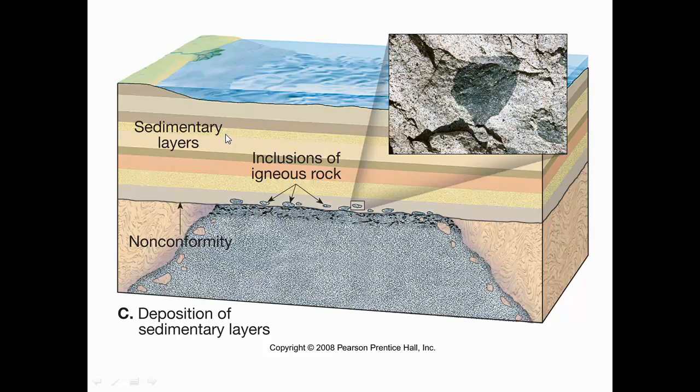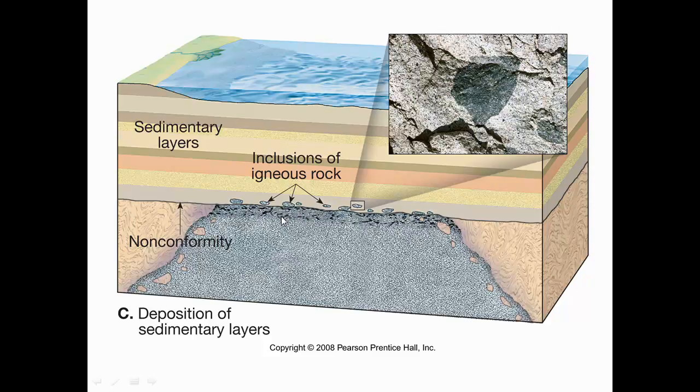And above that, we have horizontally layered sedimentary rocks. Notice that the lowermost sedimentary rock contains inclusions of the underlying igneous intrusion. So the question is, which is younger, the sedimentary rock layer or the igneous intrusion?